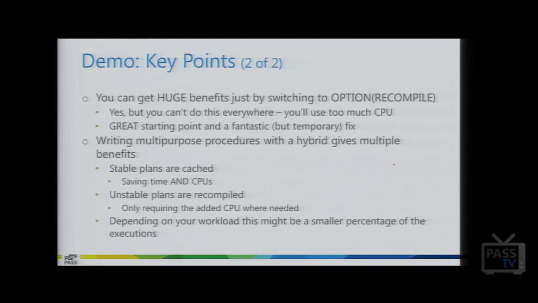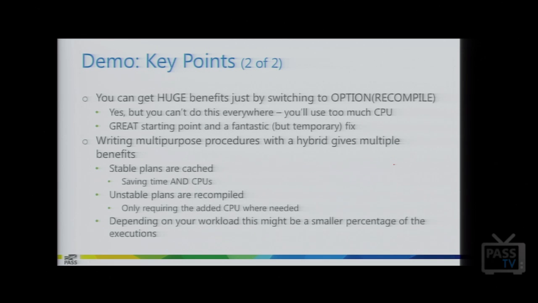So yes, okay, I agree, you can get huge benefits from using option recompile. In fact, go ahead and use that as a temporary fix, use it as a Band-Aid. You've got this problem, I know you do. Go ahead and put that in there, sporadically, here and there, for the worst problems that you have.